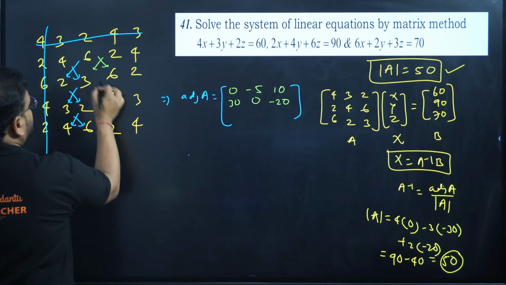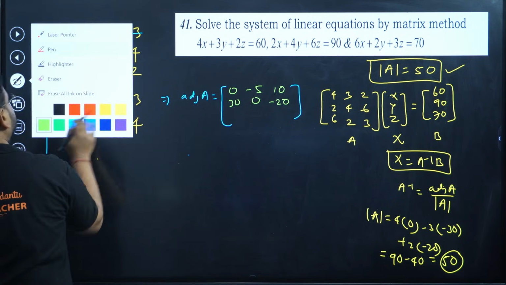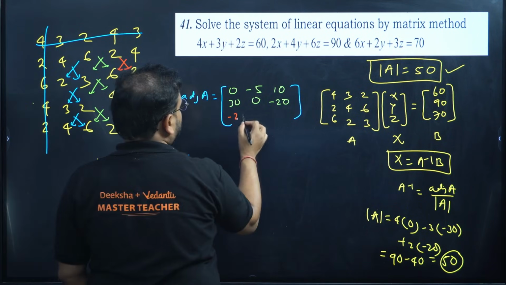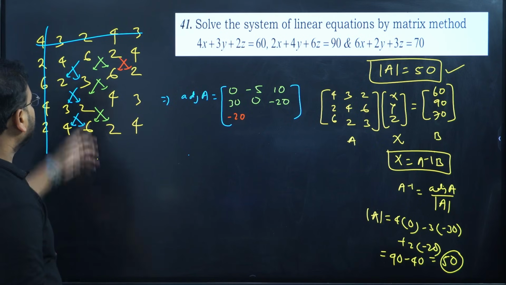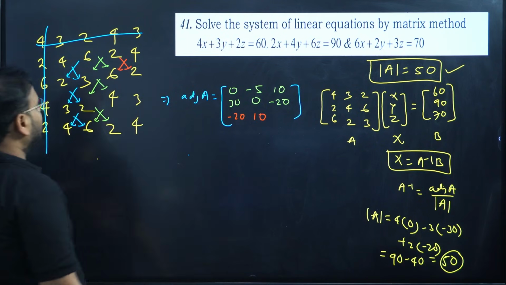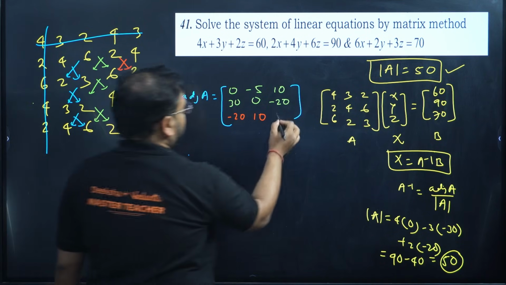Same, this is done. Let's go to the last one. 4 minus 24, so again minus 20, and 18 minus 8, so 10. And over here 16 minus 6, so 10.